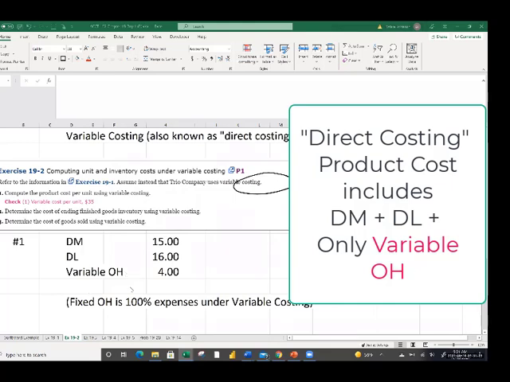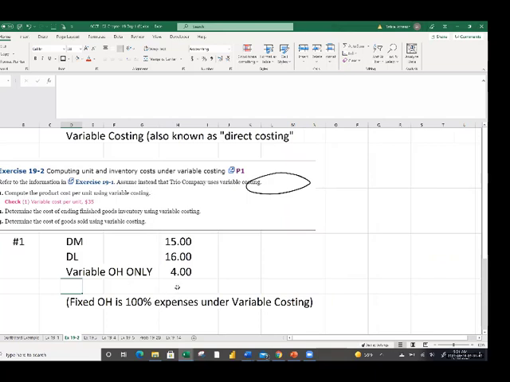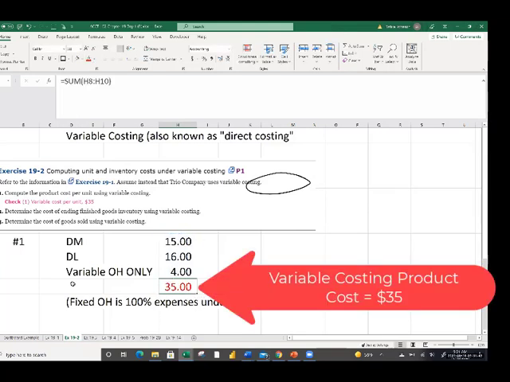Only the variable overhead. So you might even want to write here, variable overhead only is considered a product cost under variable costing. So when we total that up under this new costing method, this is the new part, we get $35.